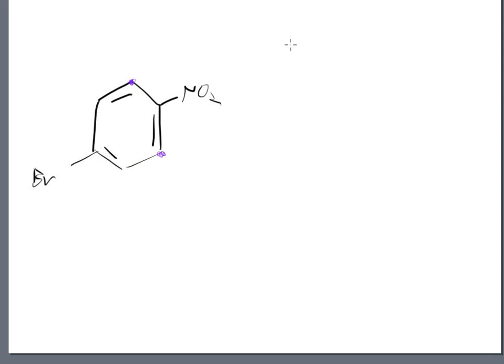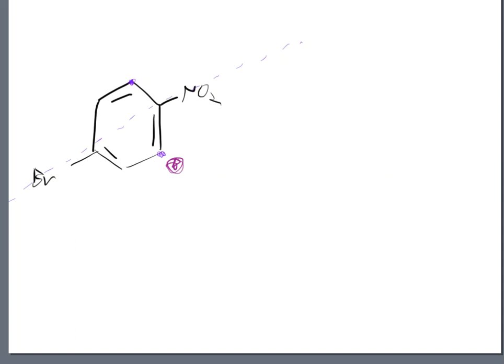We now have a very symmetrical molecule, don't we? Look at this. I can draw a dotted line all the way through the center and almost fold it in on top of each other. So we have a plane of symmetry here. So because of that, these orthos are going to be the same equivalent shifts. All right, so I can only ding dong once, and I'm going to ding dong this one.